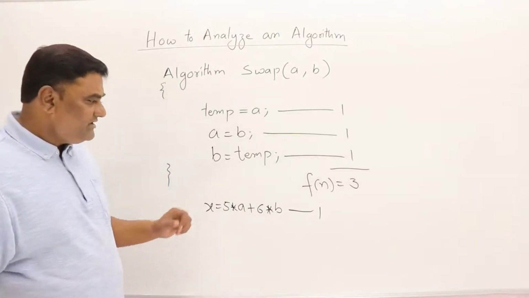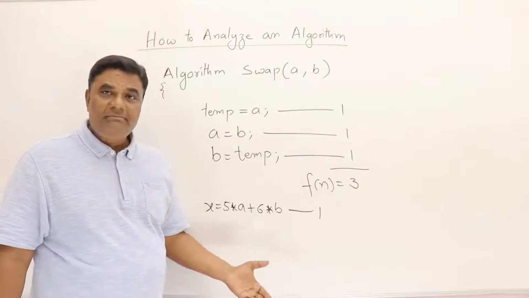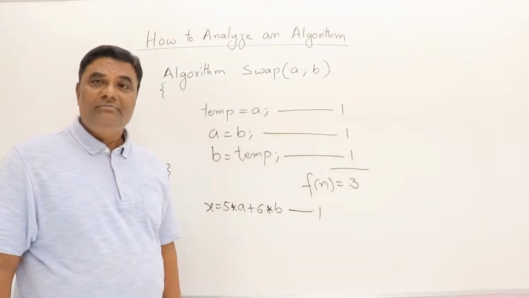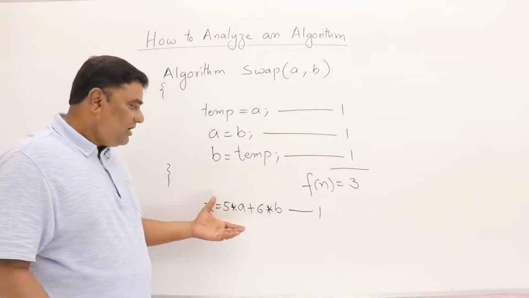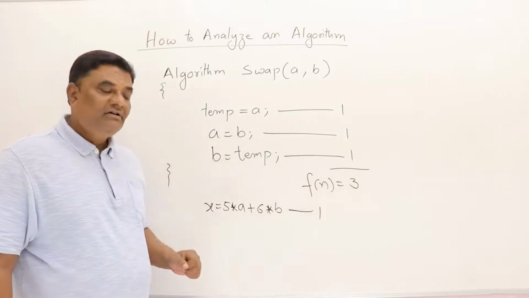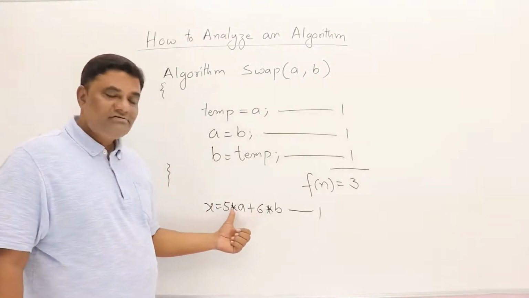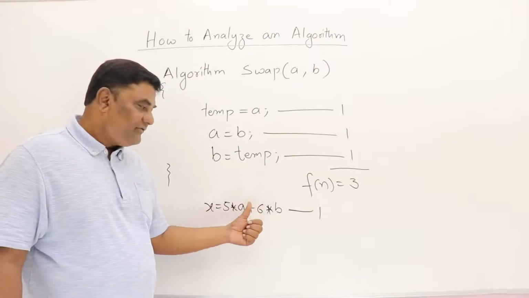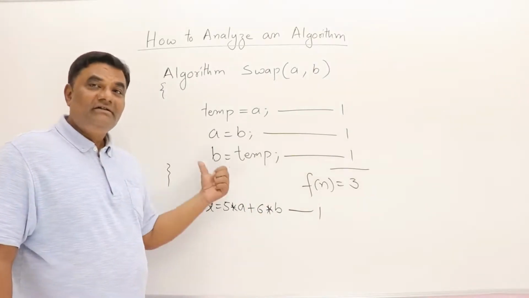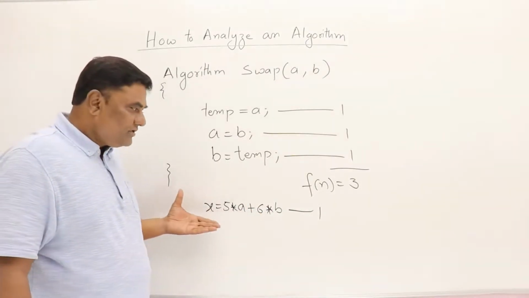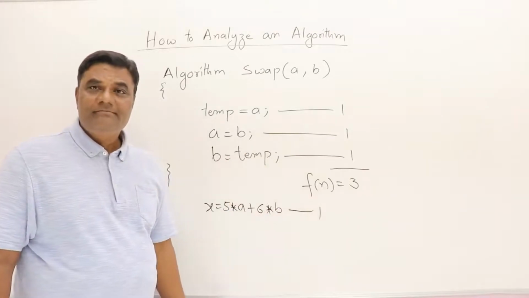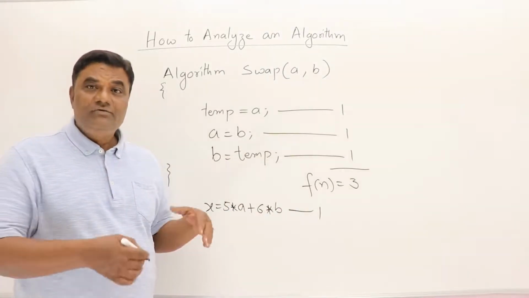But really, if you see, when you convert it into a program and finally it gets converted into machine code, then how many statements will it have? For each multiplication, 1 statement each, so 2 statements. Then for addition, 1 statement. Then assignment, 1 statement. So total 4 statements will be there. But we don't want to go into that much detail.